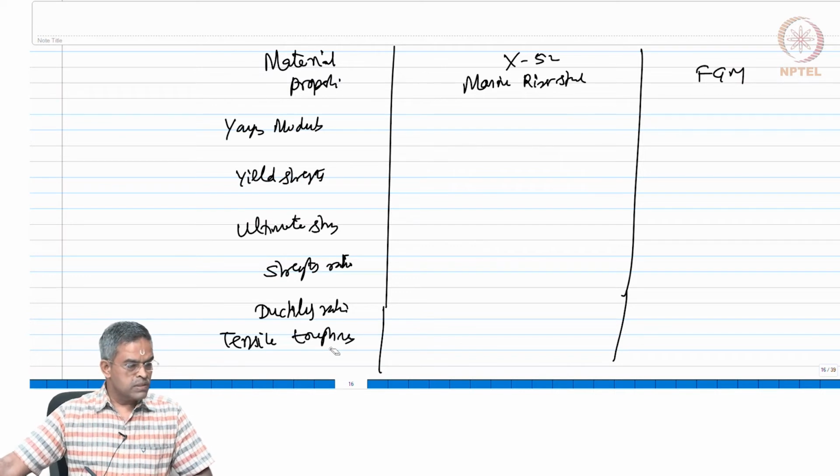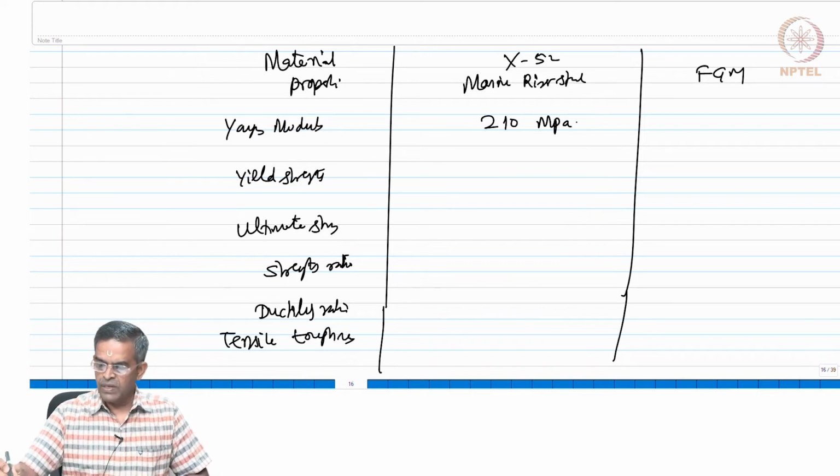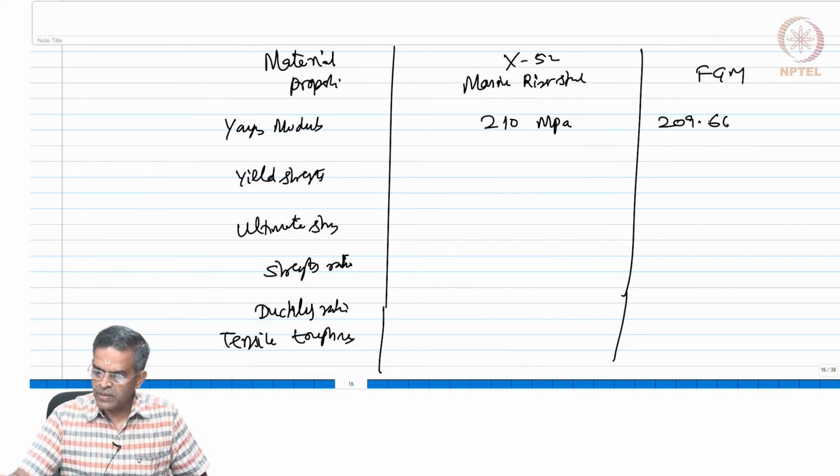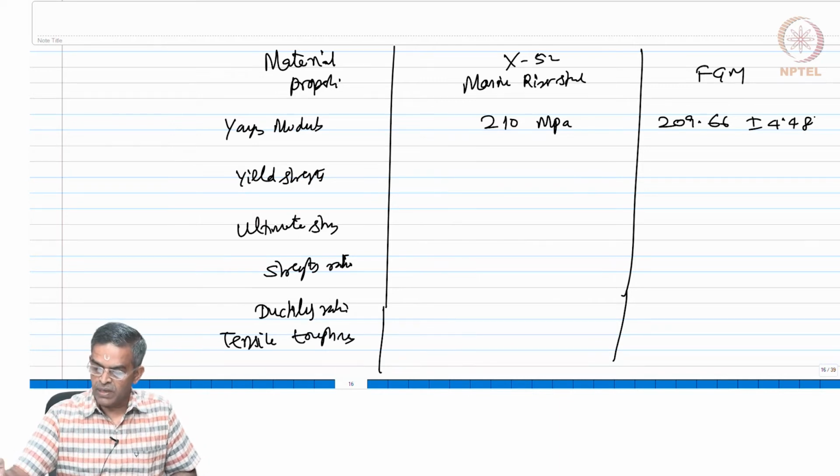The Young's modulus in this case is established as 210, whereas we got 209.66 plus or minus 4.48, in gigapascal.